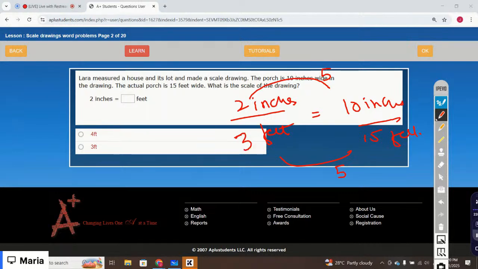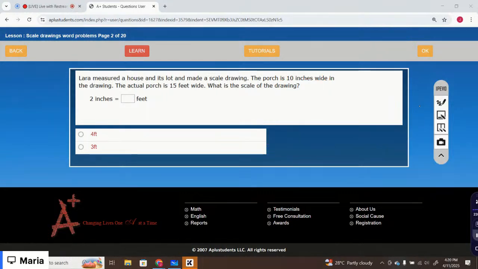So that means 3 it is. Option number two is the correct option, that is 3 feet.